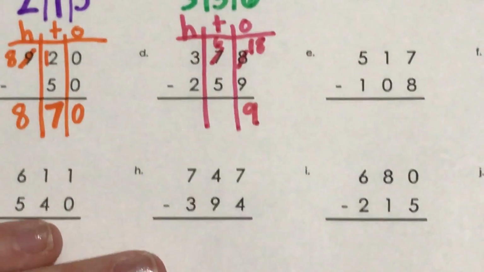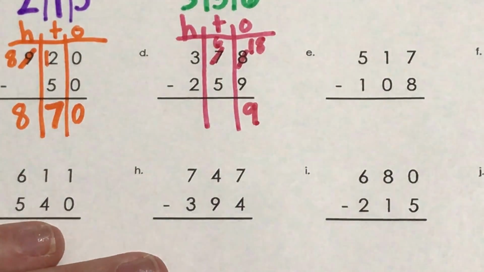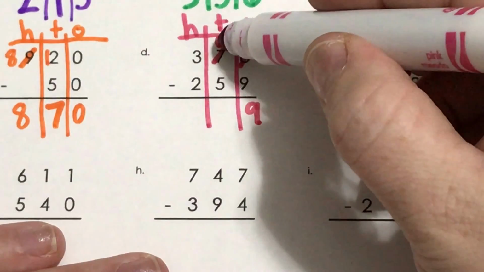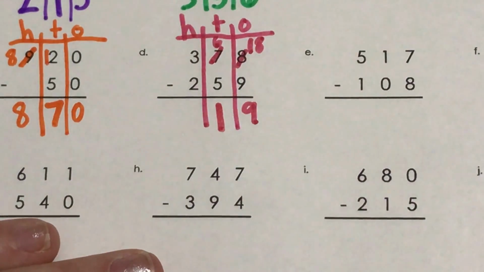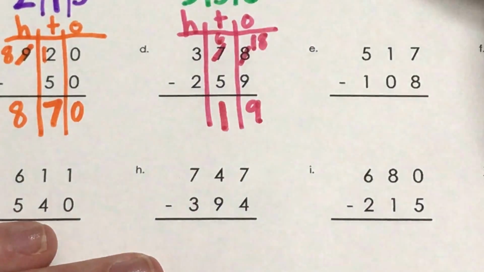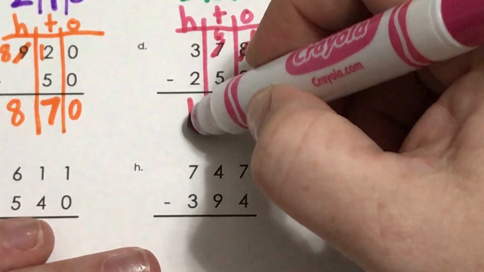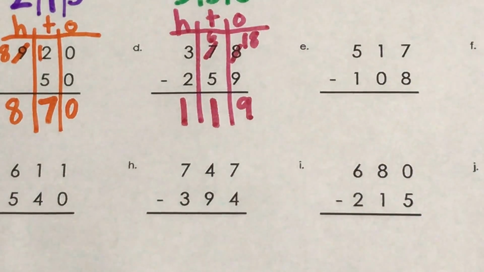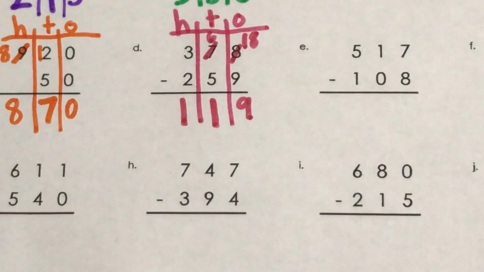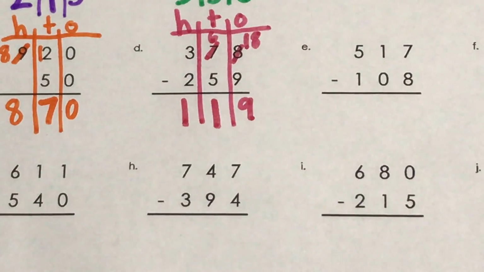If you need to draw a picture of that to figure that out, you can, or you can count up. Then I have 6 in the tens place minus 5. 6 minus 5 is 1. And then my hundreds place didn't change, so I have 3 minus 2 is 1. So now we know 378 minus 259 equals 119.